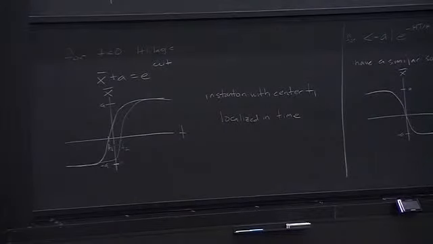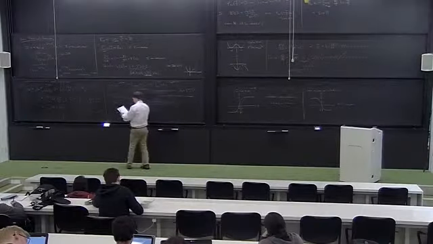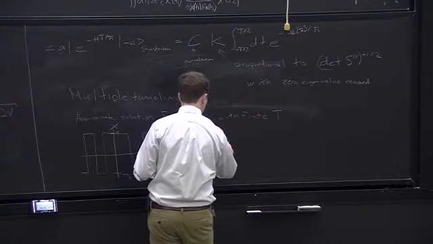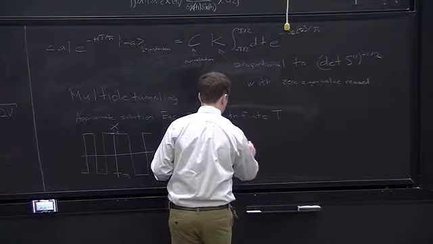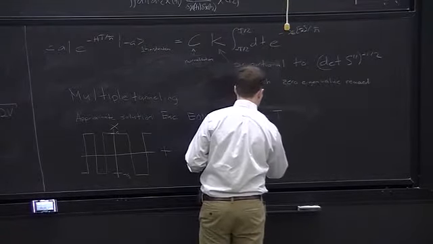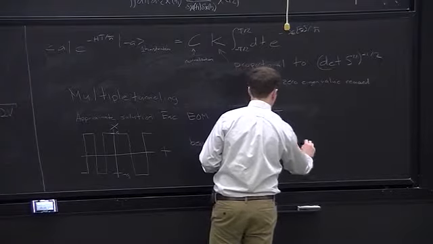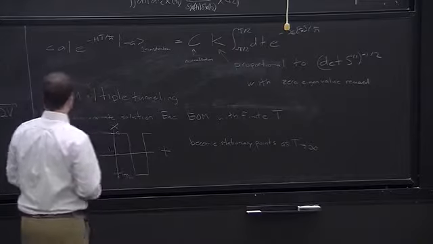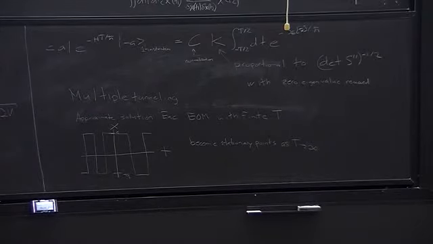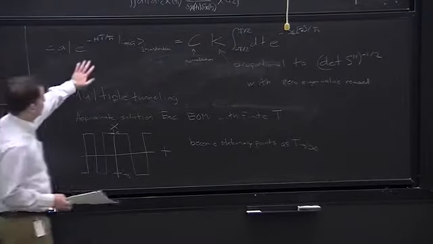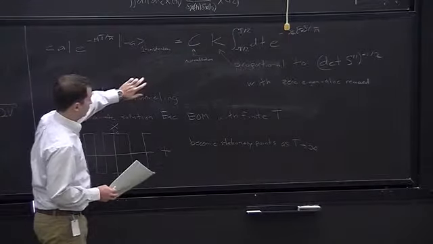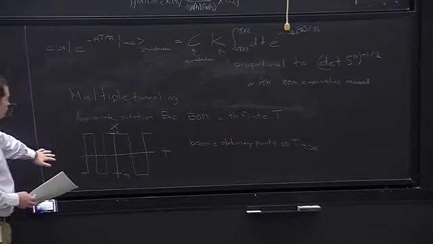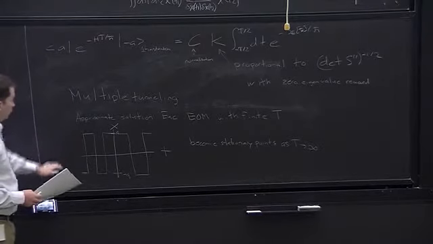These become exact solutions, and they can become stationary points as T goes to infinity. So to do a consistent saddle point approximation to this amplitude, we need to include not only the one instanton solutions, but also the n instanton solutions.